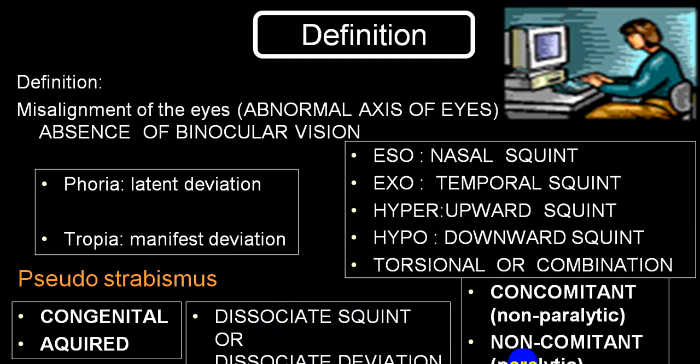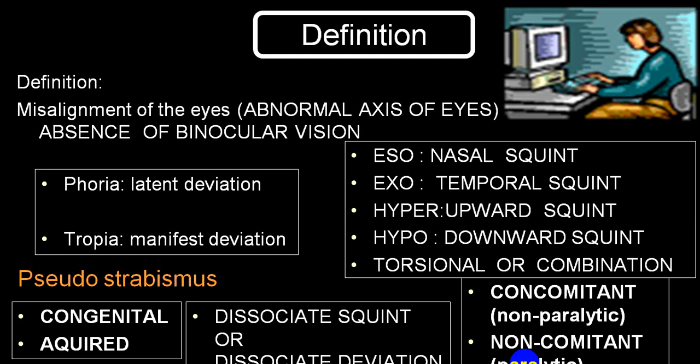If it is because of involvement of the extraocular muscle and it persists in all ranges of movement, then it is called non-comitant or paralytic squint, while if movement of the eyeball is present but the deviation is seen in only some of the movements, then the word used is non-paralytic or concomitant squint.